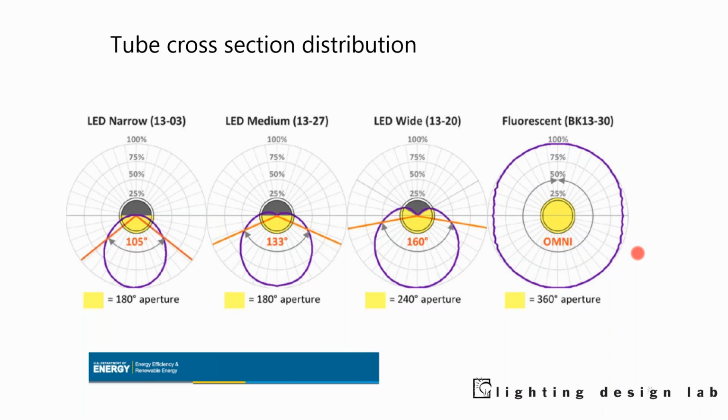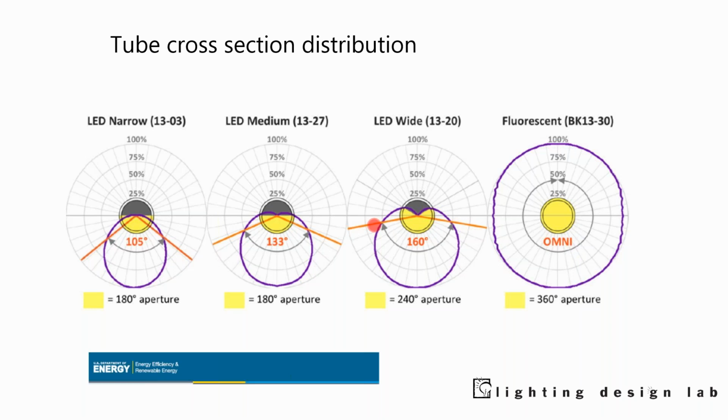Well, you can't get any light out the back, but even worse, especially with the ones with no diffuser, the light comes out in a fairly narrow pattern out just one side. Even some of the wider ones were getting a little bit wider, maybe a little wider still, but not actually omnidirectional.